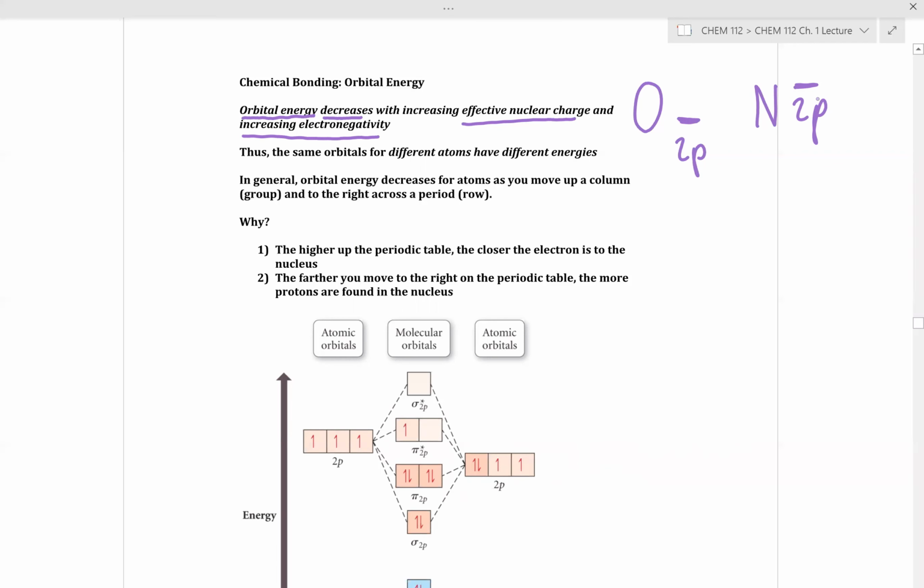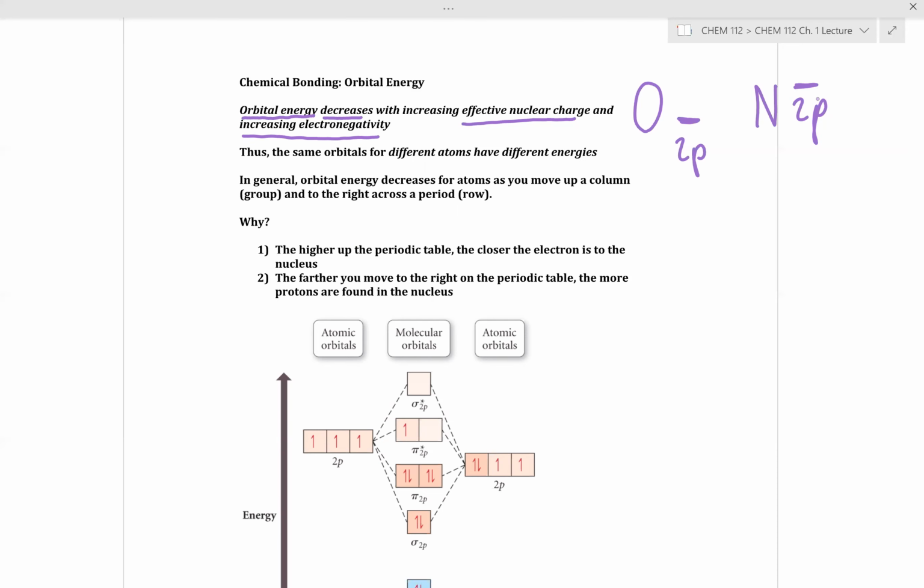Oxygen is more electronegative, so its 2p orbital is lower in energy. Does that make sense to everyone? Okay. This is partially why, when we discuss in the acid-base chapter, lone pairs are often more stable on more electronegative atoms. Electron energy depends on orbital energy, which depends on the atom containing that orbital.